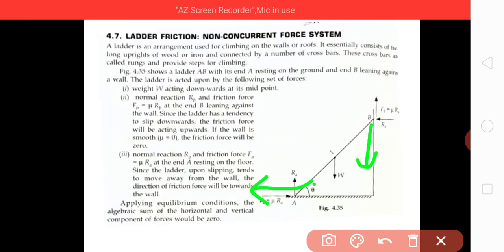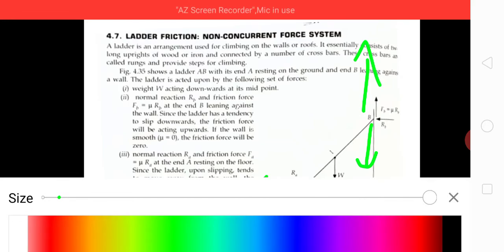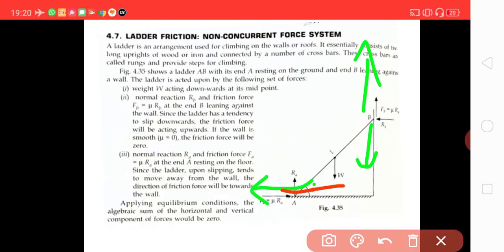In this way, you can visualize that the force of friction at B will act this way and the force of friction at A will act this way.